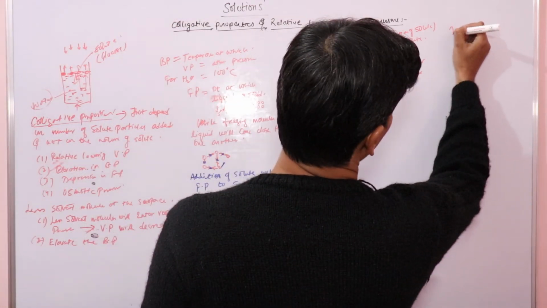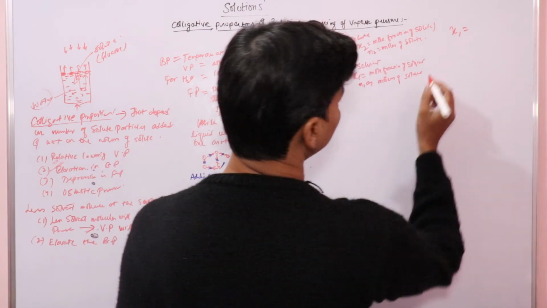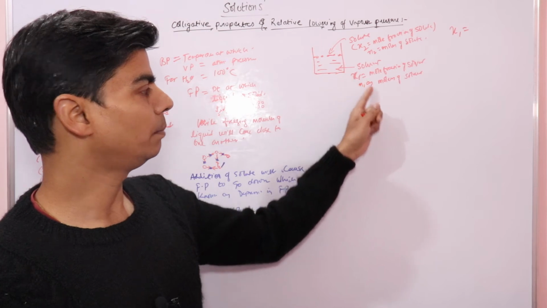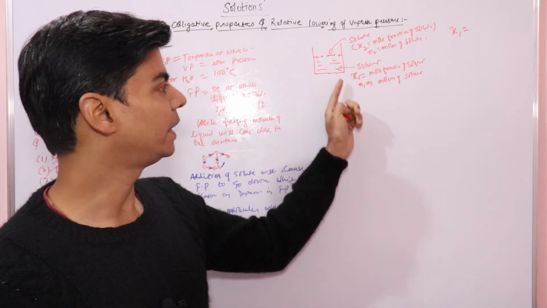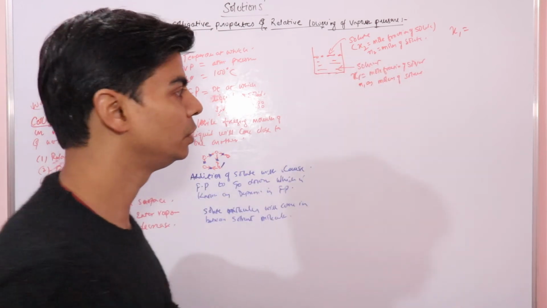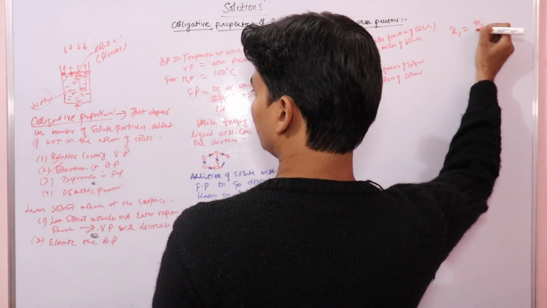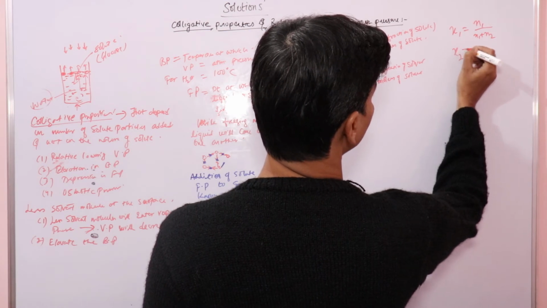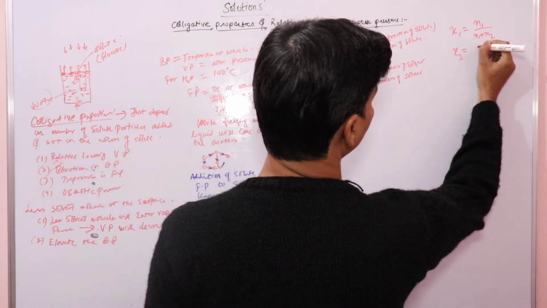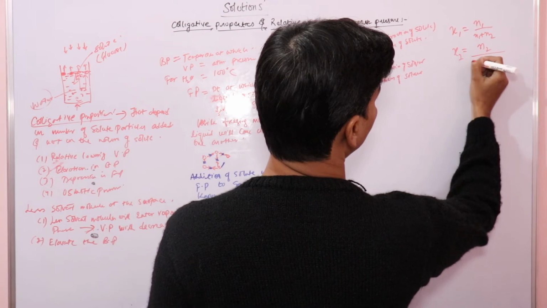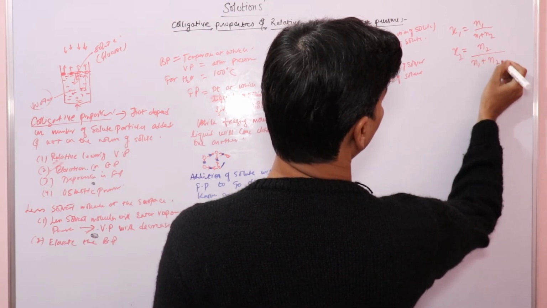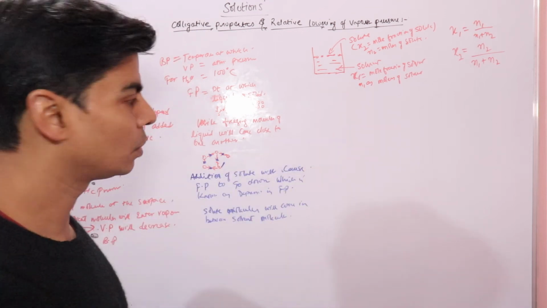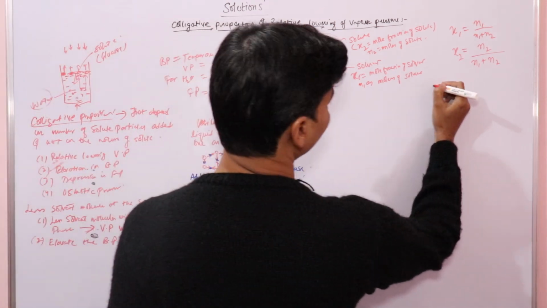We know that mole fraction x1, the mole fraction of solvent, is equal to the number of moles of solvent divided by the total number of moles in the solution, which is n1 upon n1 plus n2. Similarly, mole fraction of solute would be number of moles of solute divided by total number of moles in the solution, right?